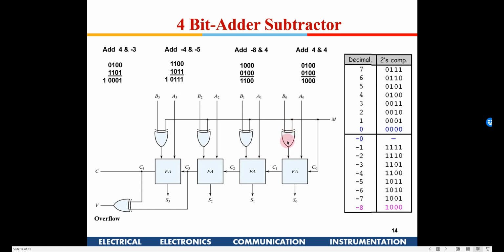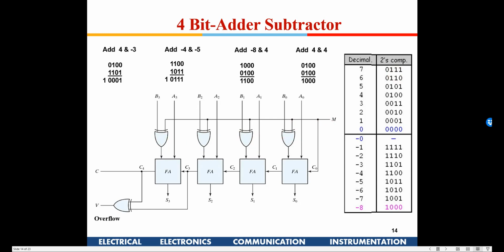So it is going to invert B0, B1, B2, B3. And what is 2's complement? 2's complement is nothing but you invert it and then add 1. So when I put M equal to 1, it will invert all the 4 bits, and then I need to add 1 also.